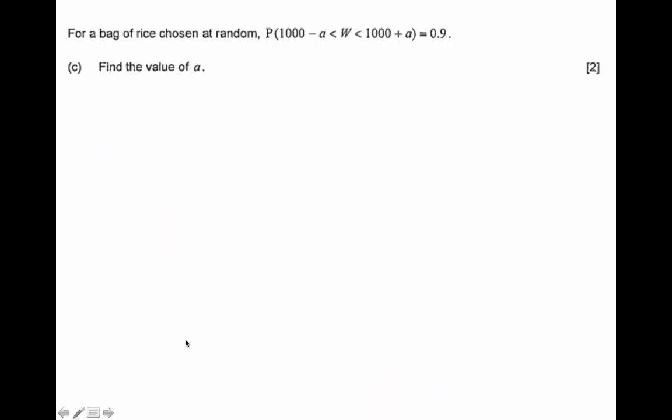Okay. This one was where a lot of people were tripped up. So again, I'd always advise you to draw a sketch. Okay, this is 1,000. A bag of rice is chosen at random. Find the probability that the bag weighs in between 1,000 minus A, so somewhere down here, and 1,000 plus A, somewhere up here.